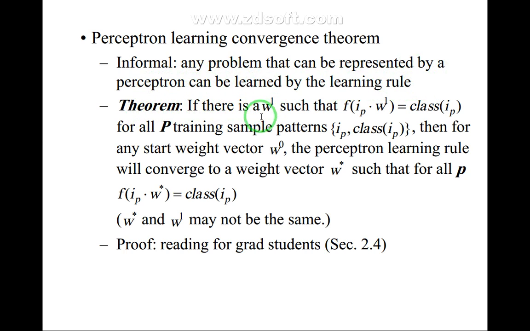If there is a W such that f(ip times W) equals class ip for all P training sample patterns, then for any start weight vector W0, the perceptron learning rule will converge to a weight vector W star such that for all P, f(ip times W star) gives the correct classification. Finding these stable final weights gives what are called the adjusted weights.